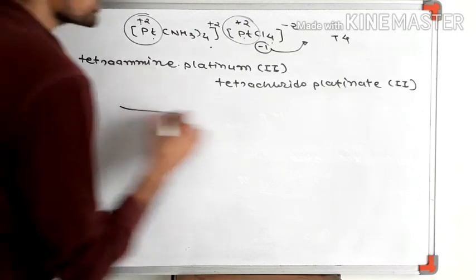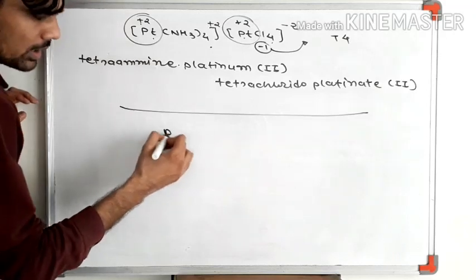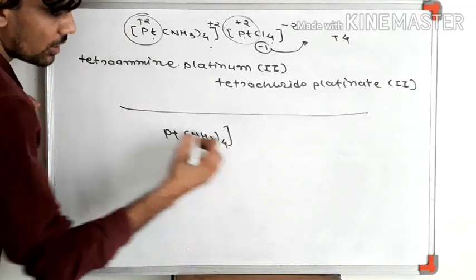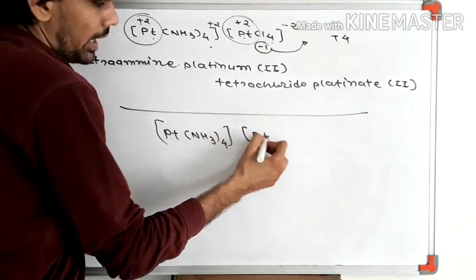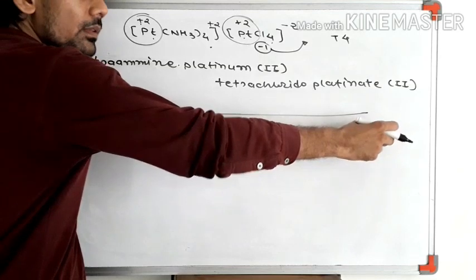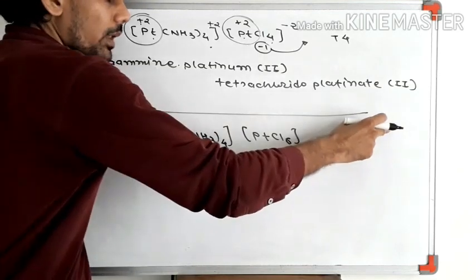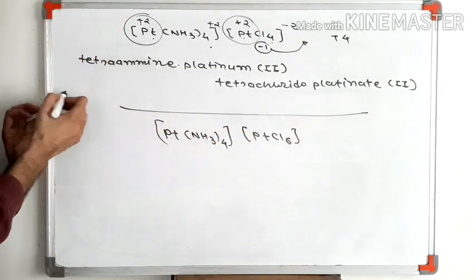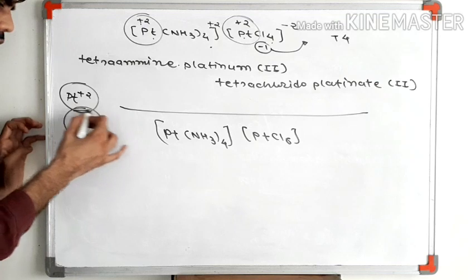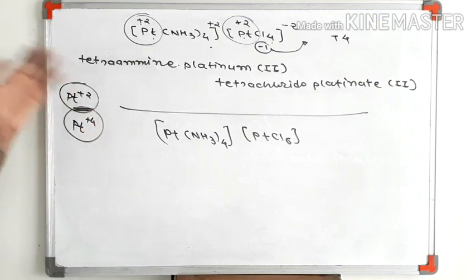But for the specific example, like [Pt(NH3)4][PtCl6], minus 1 six times is minus 6, so plus 6, plus 3 and plus 3. But platinum can possess only two oxidation states, platinum plus 4 and platinum plus 2. Platinum plus 3 is not possible.